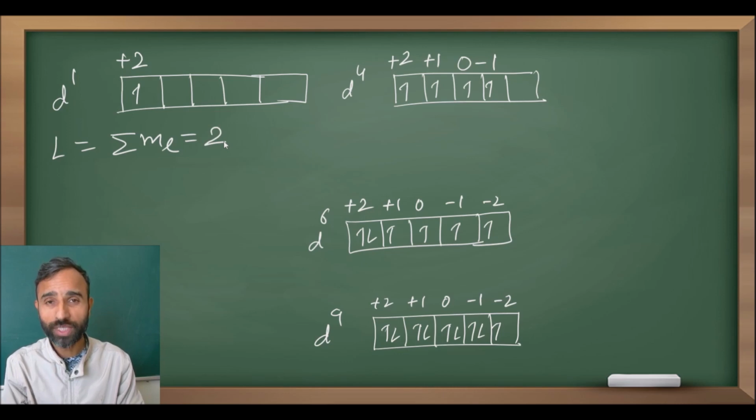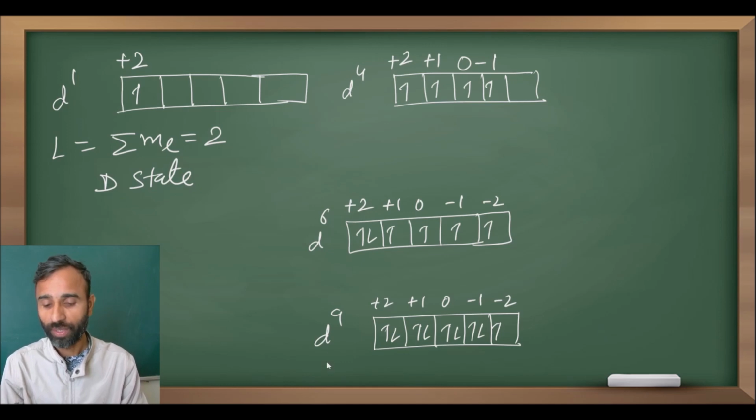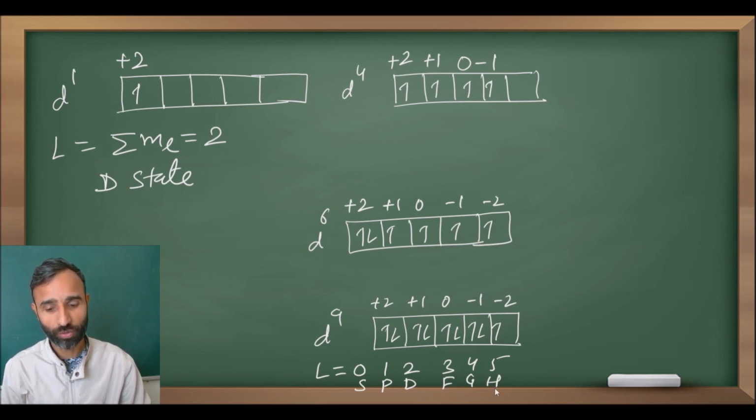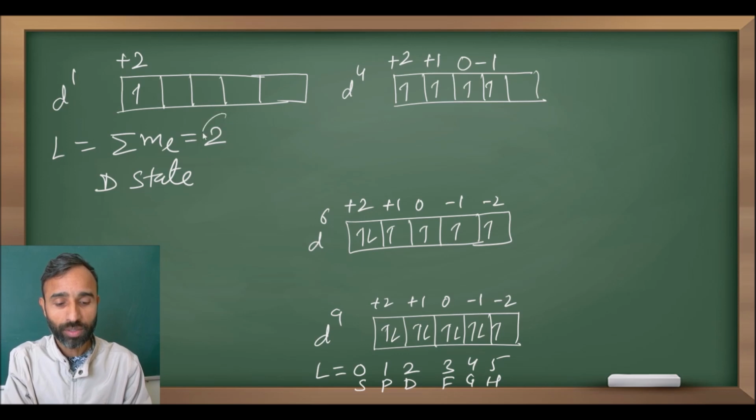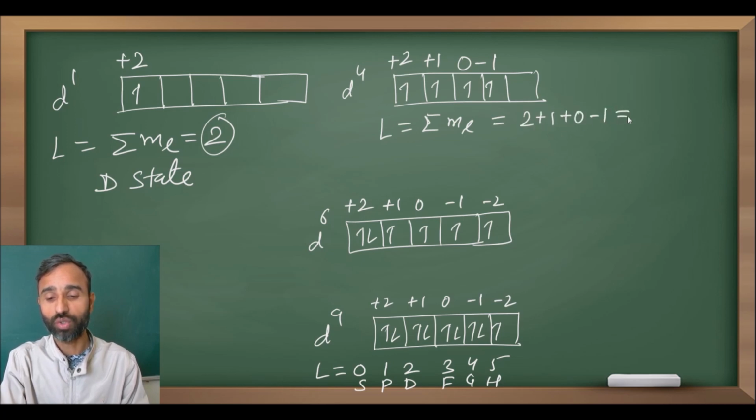So L equals 2 means D state, because you know L is 0, 1, 2, 3, 4, 5: S, P, D, F, G, H. So D state for D1. What about D4? What is the value of L? 2 plus 1 plus 0 minus 1. Again 2. Again it is D state.